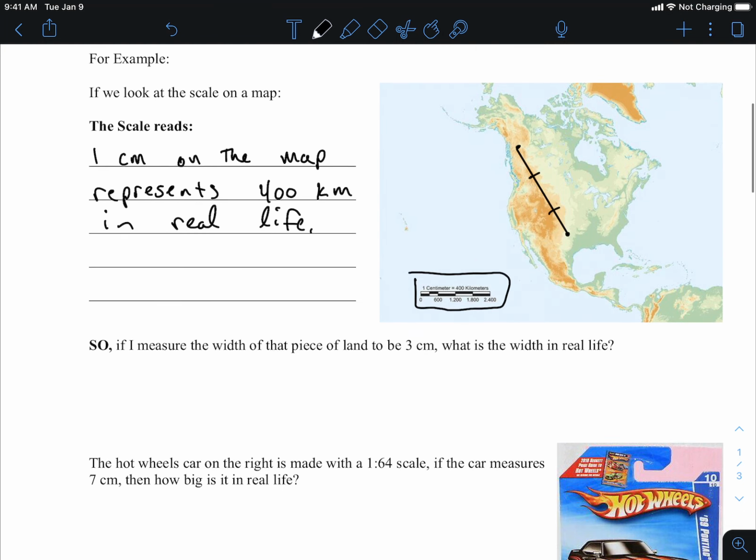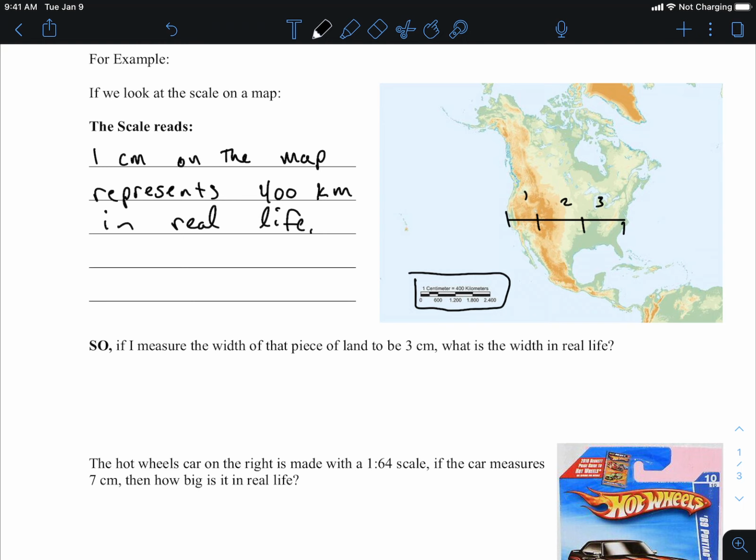This actually lets us solve for things now, right? So, let's say, I'm going to erase that line because I want to do the actual line here. Okay, let's say I measure the width of this, and I say the whole piece of land is, I measure 3 centimeters, something like that, okay? 1 centimeter, 2 centimeters, 3 centimeters.